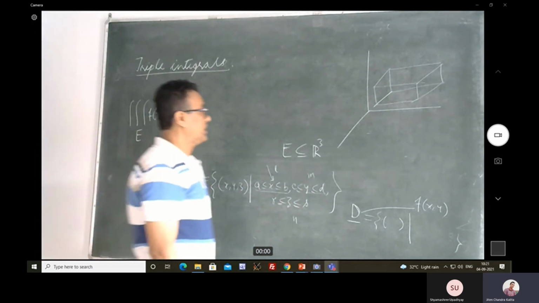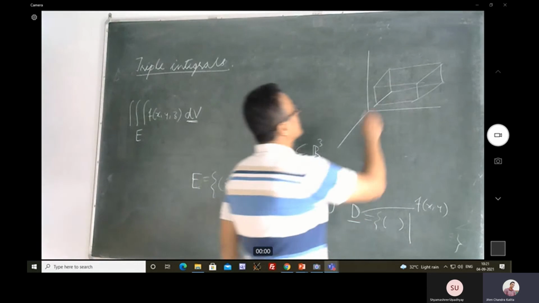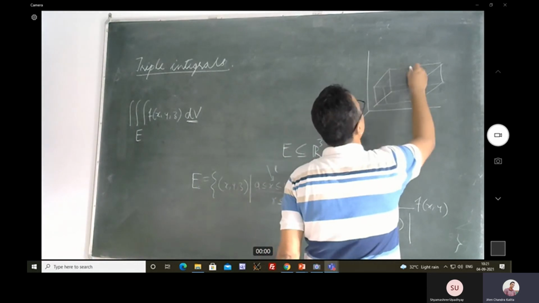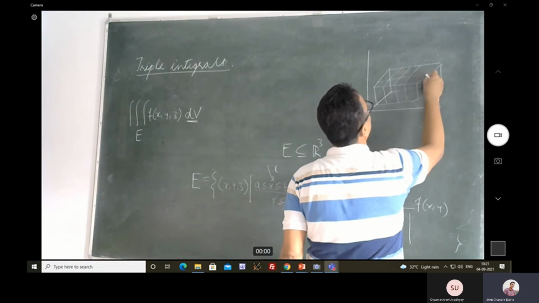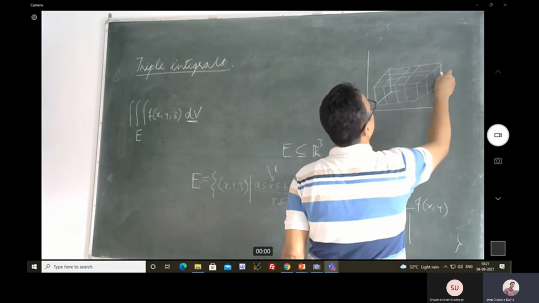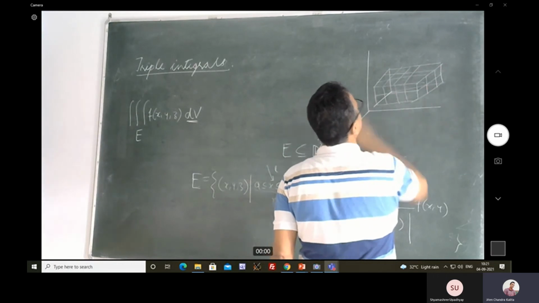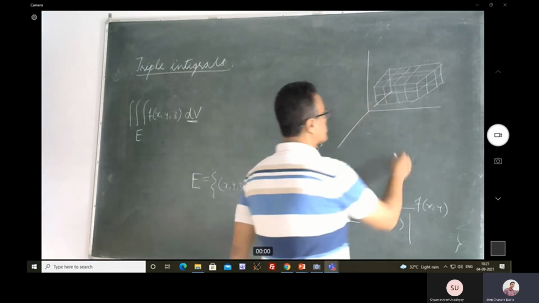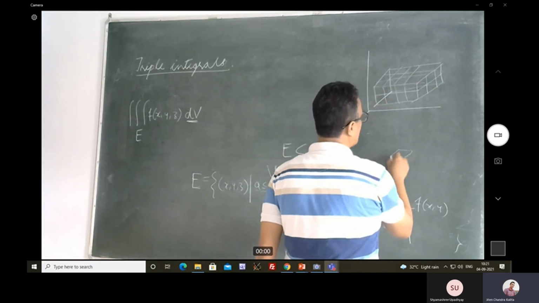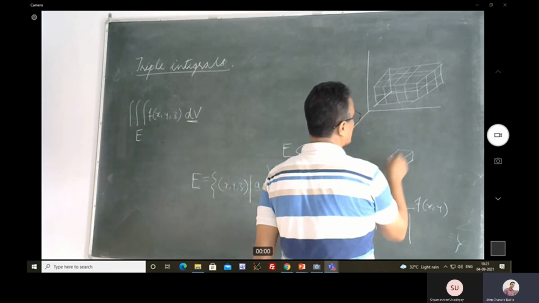Okay, so then what we are going to do? We are going to get some grid like this, right? And from there I am going to choose a small rectangular box.